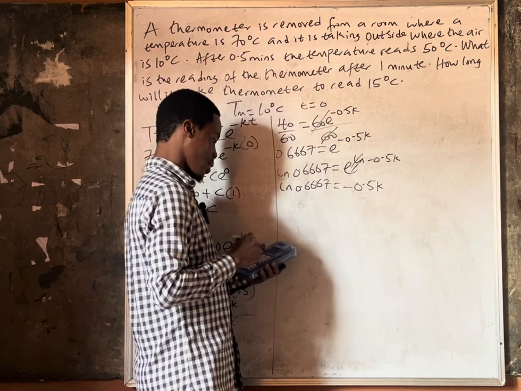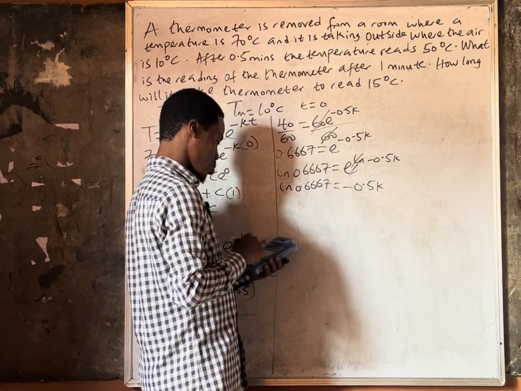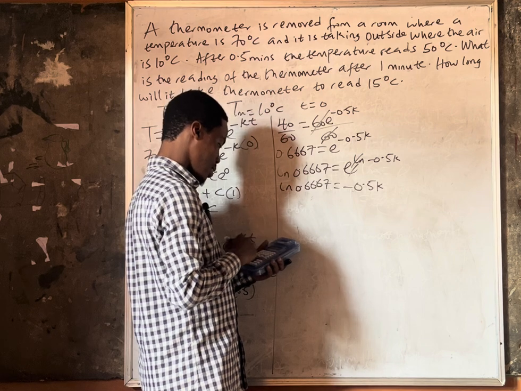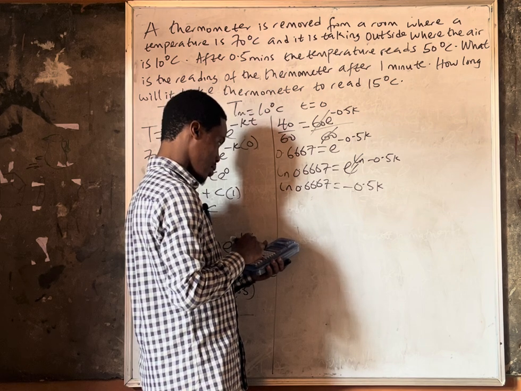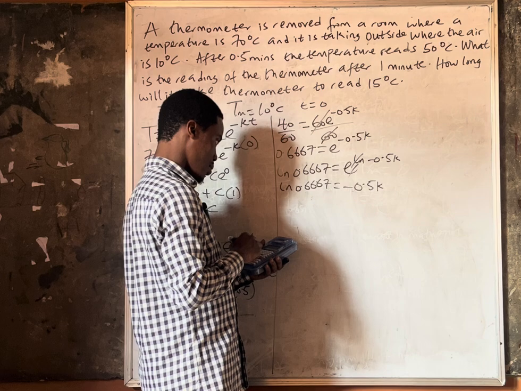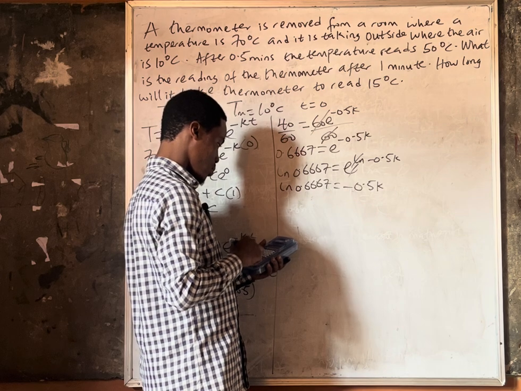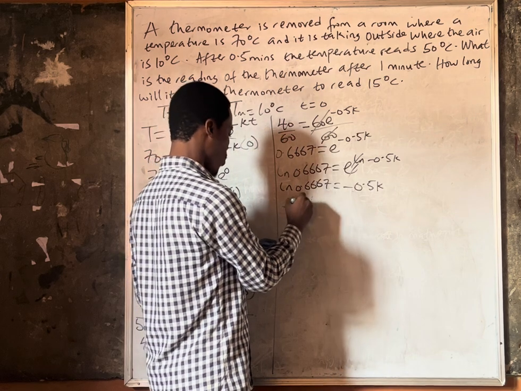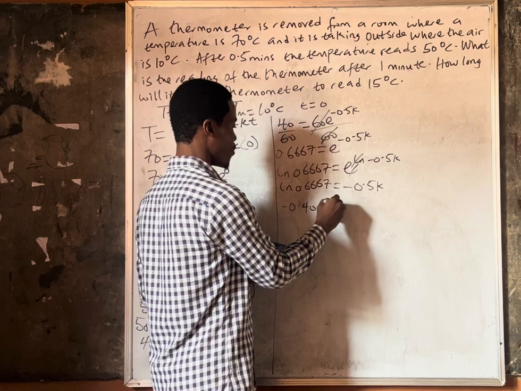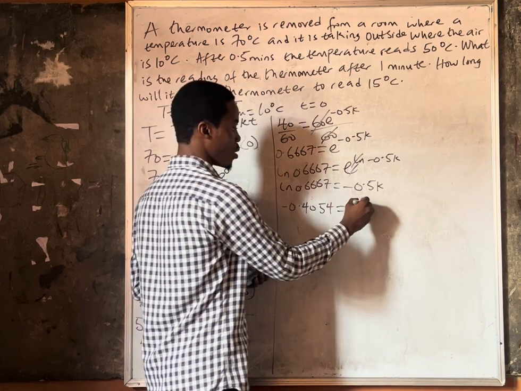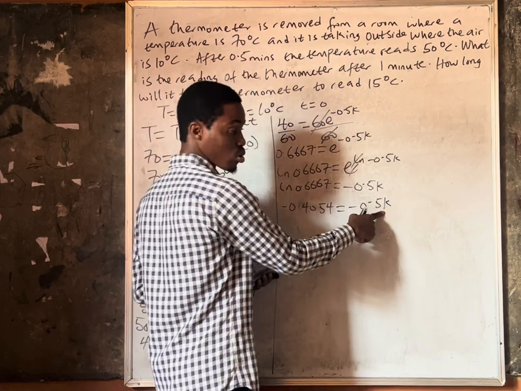So from here, what is our ln? We now put this in the calculator: ln 0.6667. We have minus 0.4054. So minus 0.4054 equals minus 0.5k. We want to get our k.